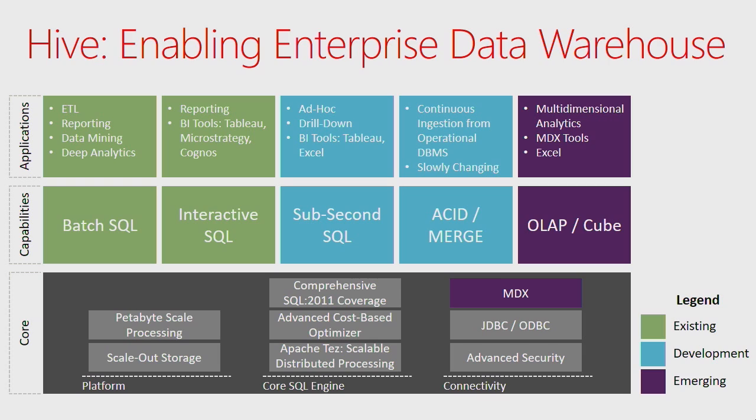This is still where there's active work being done, OLAP and Cube. Right now, we're in this blue phase where work is being done towards sub-second SQL and ACID merge. The eventual goal is to have comprehensive SQL 2011 coverage, to use the advanced cost-based optimizer, and to ultimately replace your data warehouse with Hive.